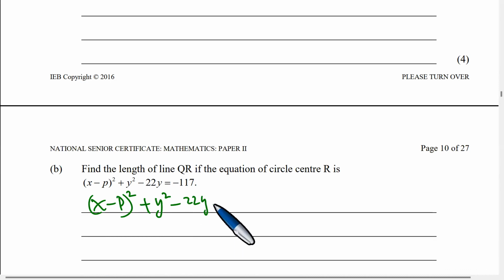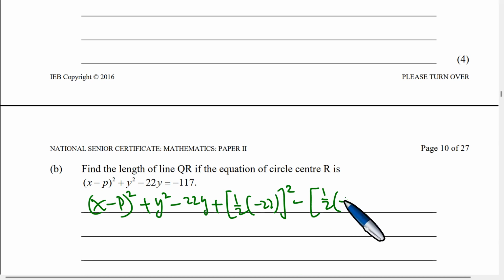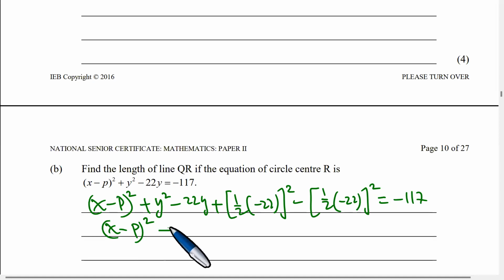We need to complete the square. So we take half the coefficient of y, which is minus 22, and then we square it and subtract the same thing. And this is minus 117. Half of 22 is 11. You square it. Transpose everything to the other side, which is minus 117.